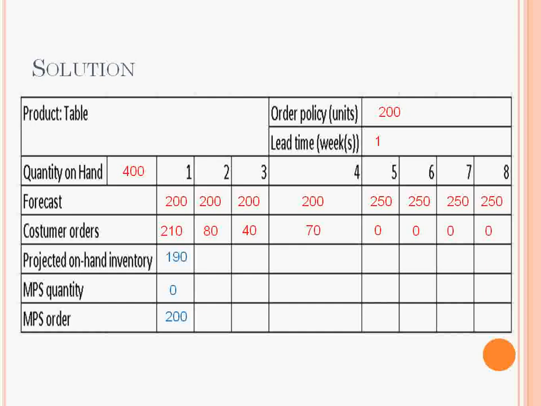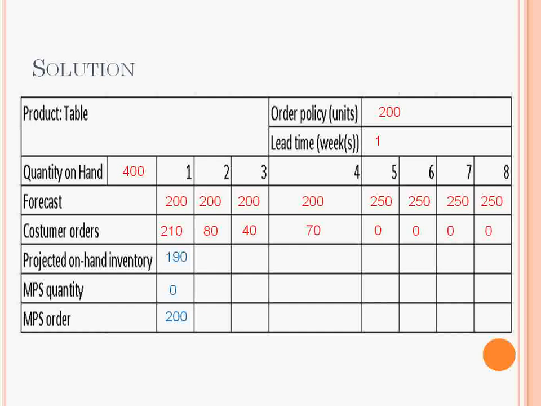In the second week, forecasted demand is 200. Customers have previously ordered 80 tables. Demand must always meet the actual needs, so our firm must be able to sell 200 tables in this period. Let's see. We have an on-hand inventory of 190 tables, and fortunately, we ordered a series last week that we get by this period.